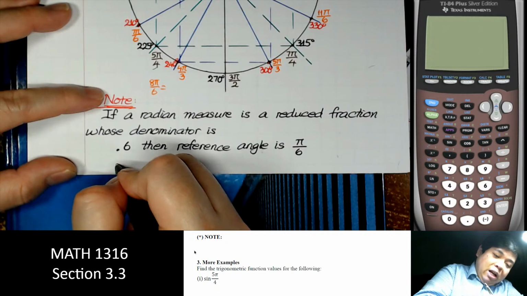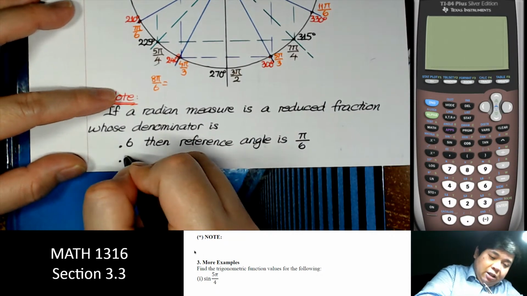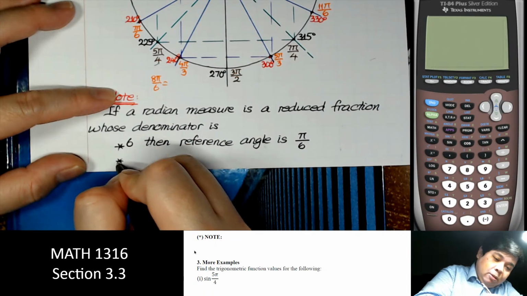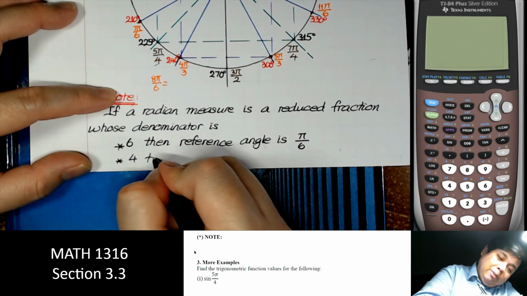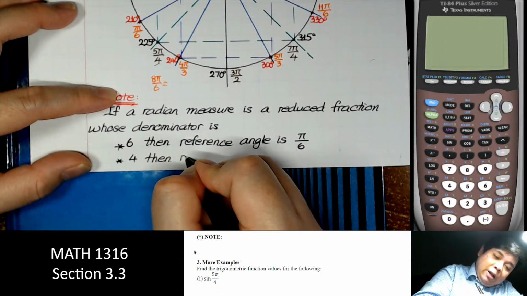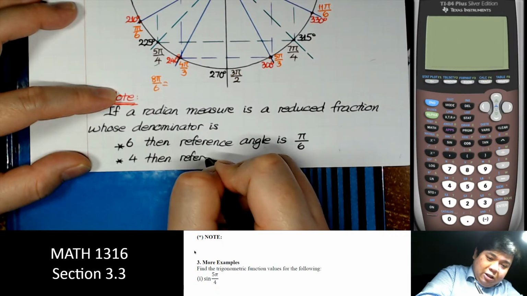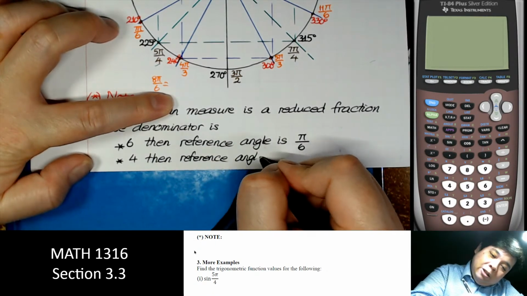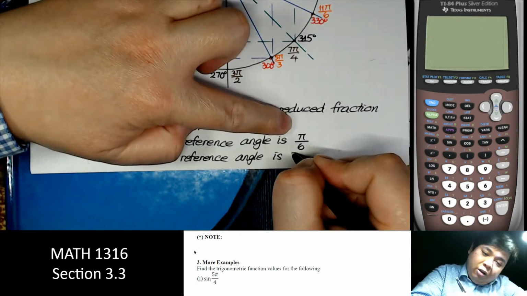If the denominator is 4, then the reference angle is pi over 4.